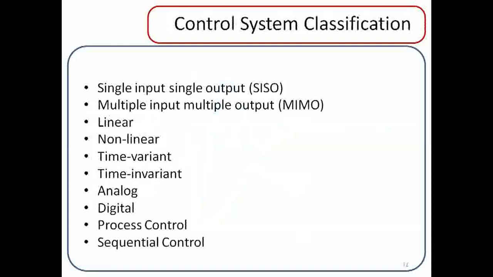Control systems classification: in what ways, on what application basis and by what parameters of operation it has been classified. We will have a simple look. SISO, a single input and single output, is nothing but the open loop control system.